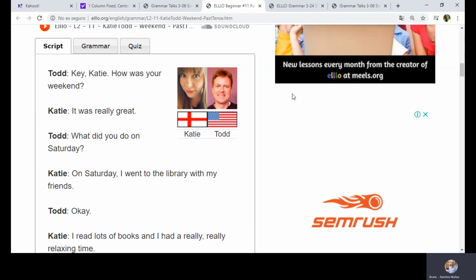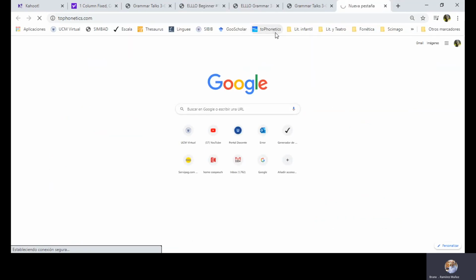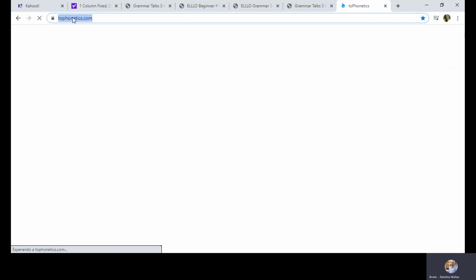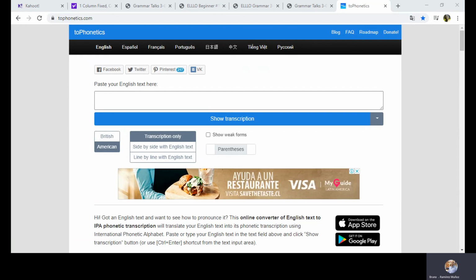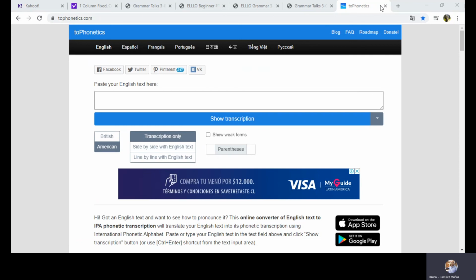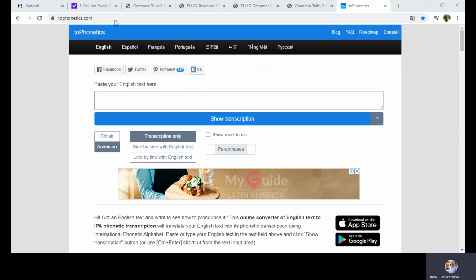But again, you can use this website, phonetics.com, right? That I'm going to copy and paste in the chat room as well. And also, you can use the one called fortransedit.com, which is the one that I'm going to copy and paste in the chat room as well.